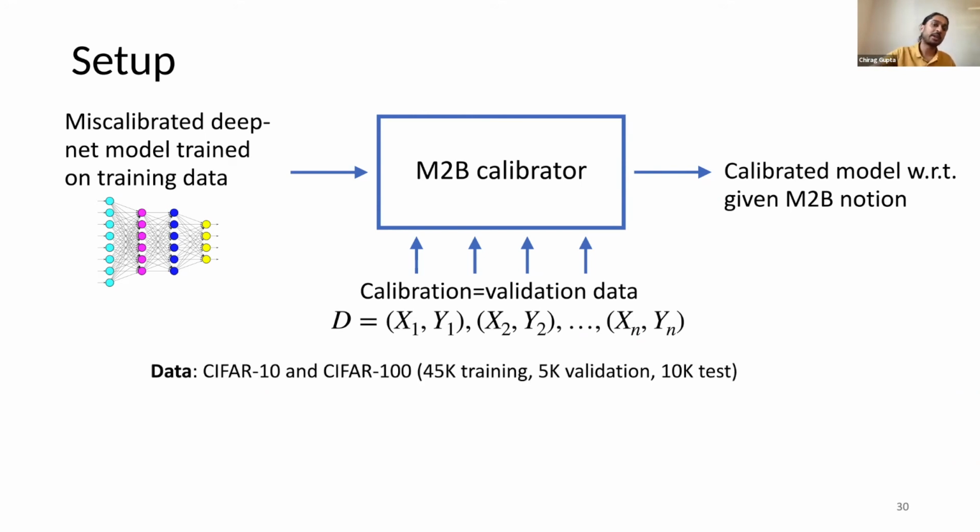So the data sets we'll be looking at are popular vision data sets called CIFAR-10 and CIFAR-100. Here 10 and 100 refer to the number of classes. These are simple classes like a car and a man and a truck and things like that. So CIFAR-10 has 10 and CIFAR-100 has 100. And very importantly, to get an idea of the scale we are working with, we have 5,000 validation points.